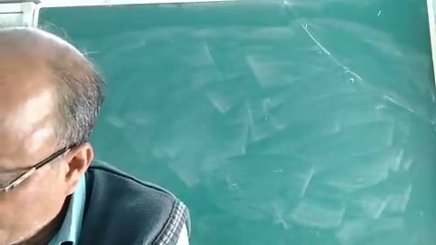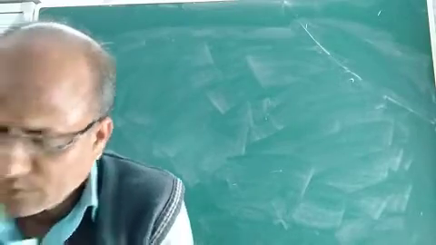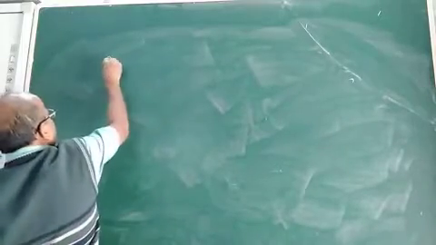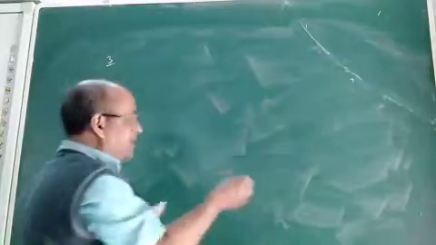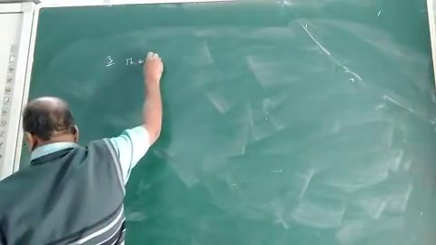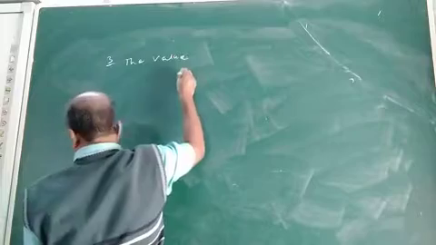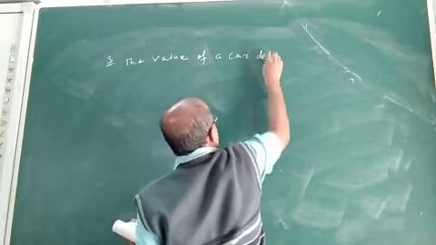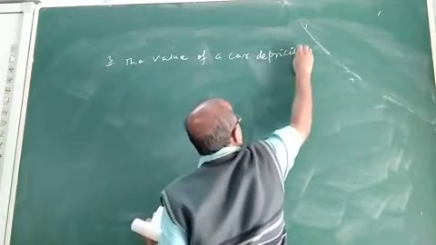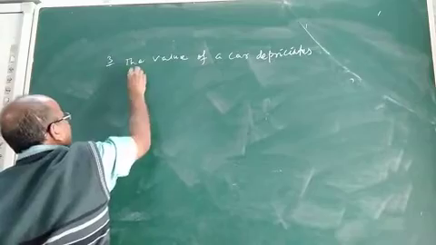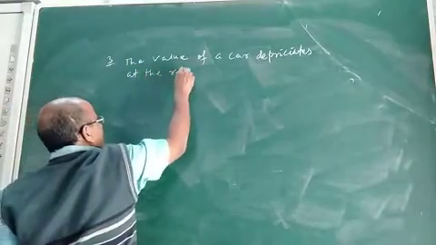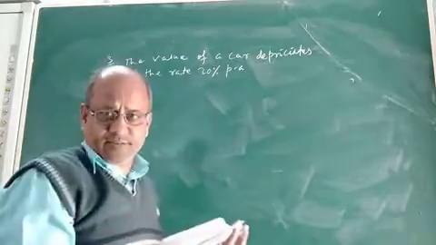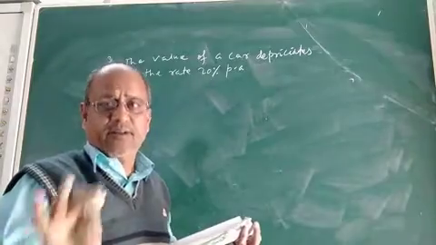Suppose the value of a car, or the price of a car, depreciates at the rate of 20% per annum. Depreciates means it decreases. That means every year it decreases at the rate of 20%.